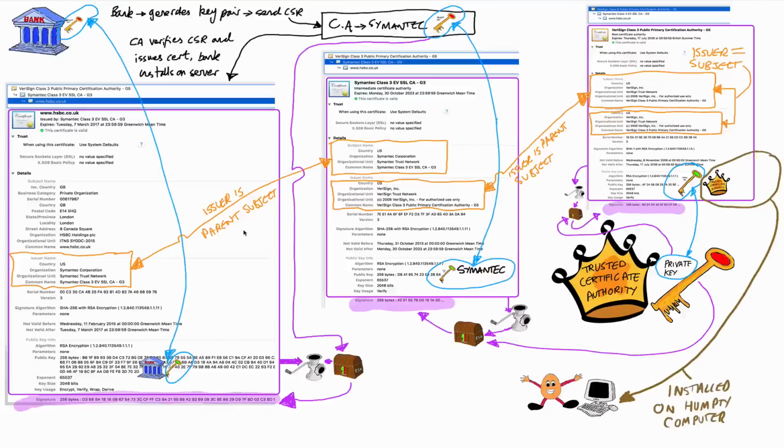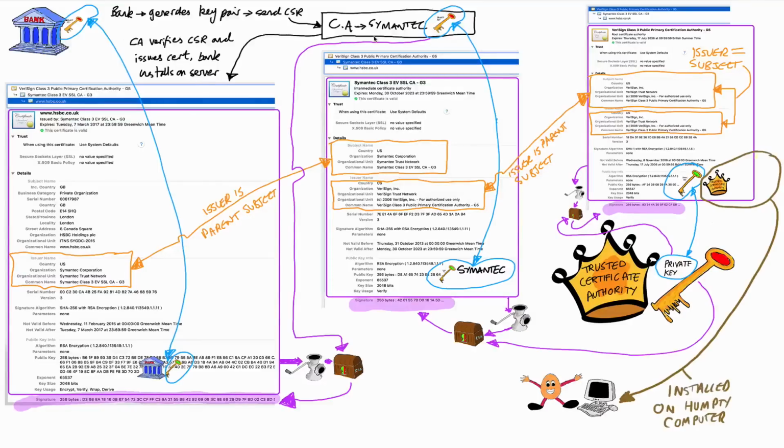And they do all kinds of things, from phoning up people at the organization to verifying that the address of the organization is correct. So if I just apply for a certificate for HSBC as a rogue, and I gave my home address, then that would quickly be snuffed out at this stage. Symantec will say, sorry, we're not going to issue a certificate for HSBC to that address. That's not the correct address.